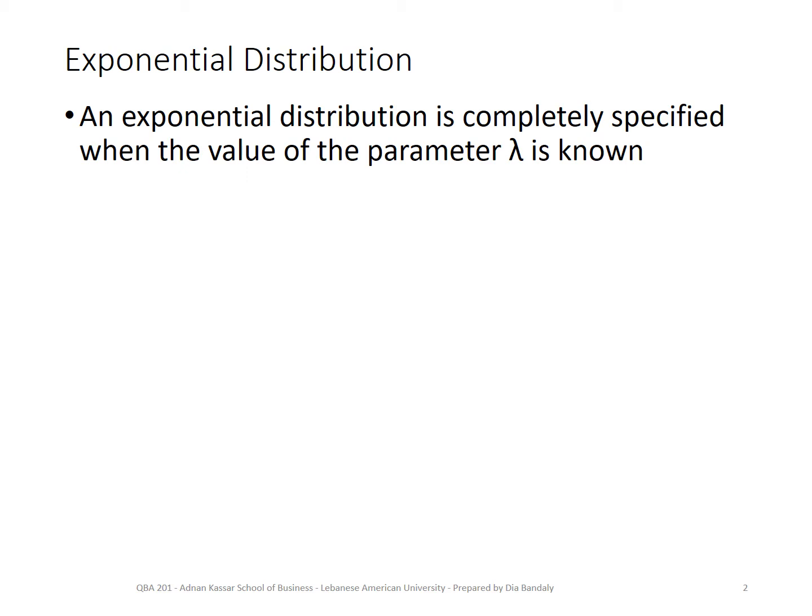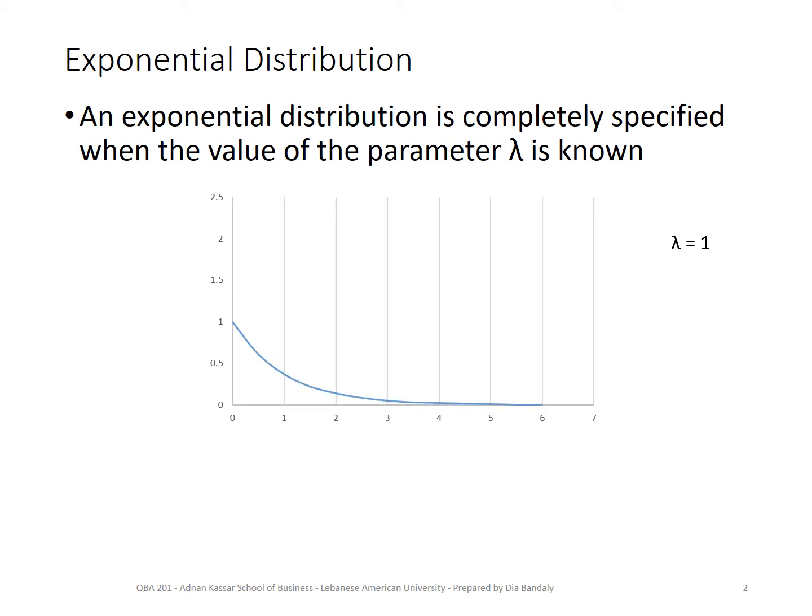So how does it look? We've seen in the normal distribution, the PDF looks bell-shaped. So how does the PDF of an exponential distribution look? All you need is to know the value of lambda, the parameter of the distribution. For example, for lambda equal to 1, this is how the PDF will look.